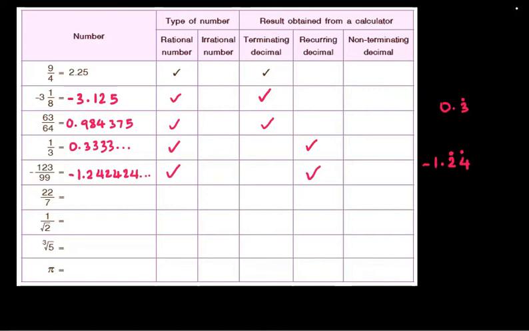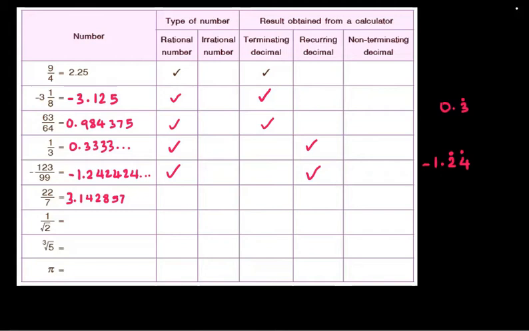On your calculator, press 22 divided by 7. 22 divided by 7. What do you get? 3.142857.